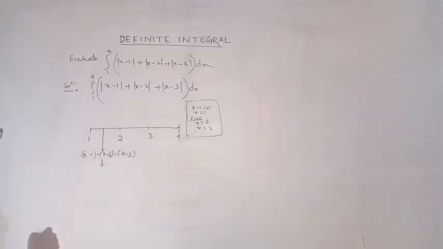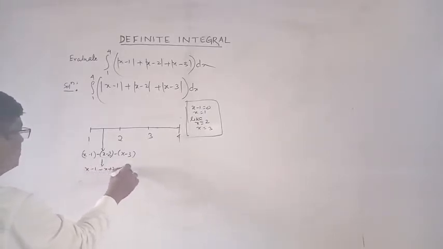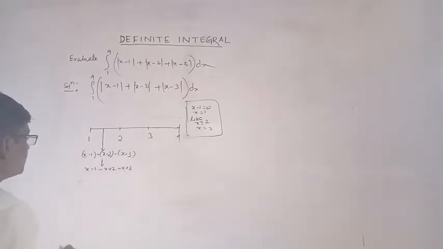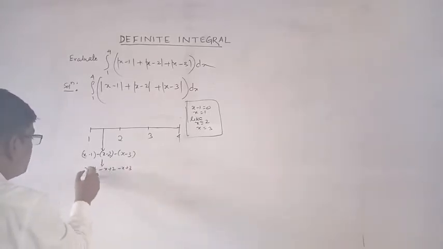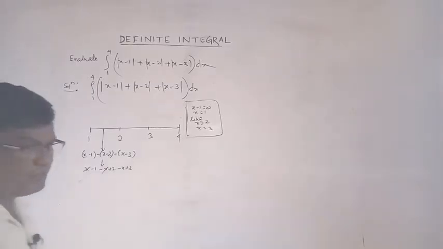f(x) = x − 1 − x + 2 − x + 3, and the x and −x cancel.